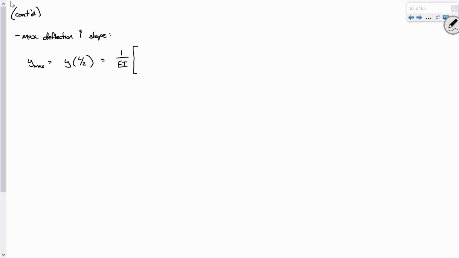So let's see. We got WL over 12 times what? X cubed? So that's L over 2 cubed minus W over 24 times L over 2 to the fourth, right?